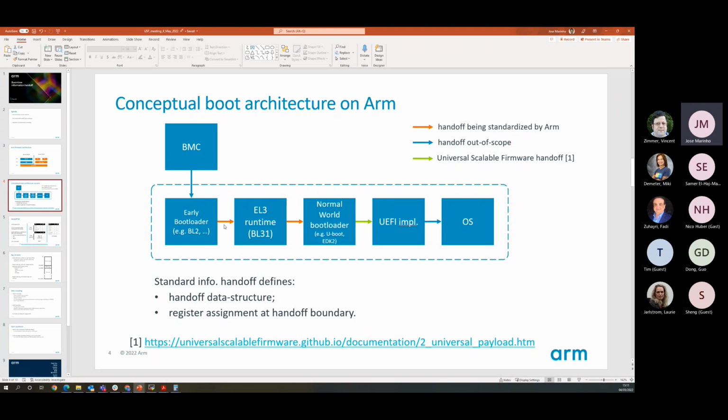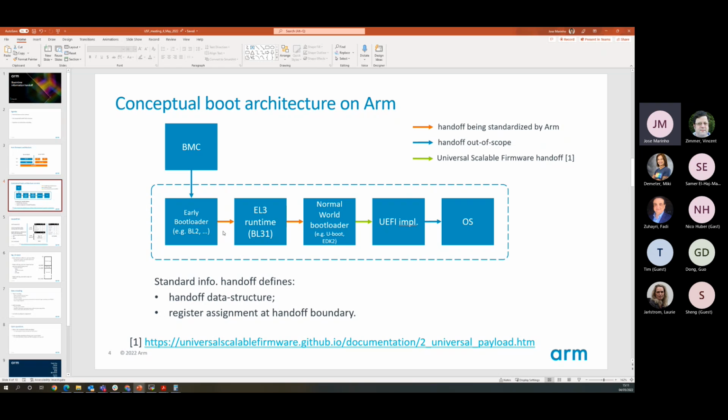Thanks, Vincent. So in terms of the information being handed off in the hosts, and probably I should provide a bit of background into why we're looking to standardize this. ARM partners have told us that they have some pain points in maintaining the different code bases that they need to maintain for their platforms.